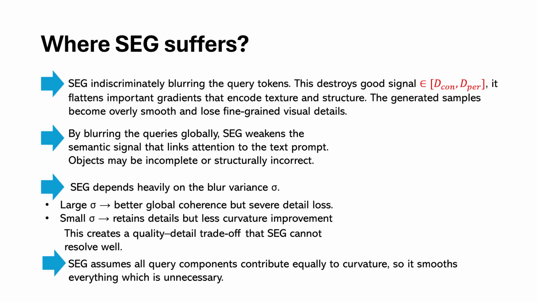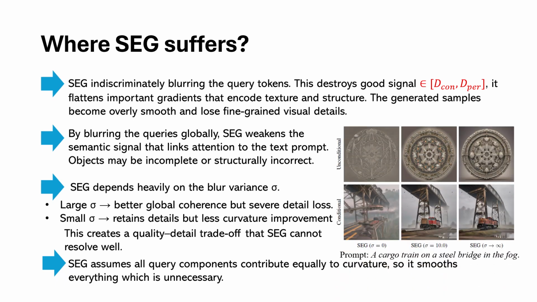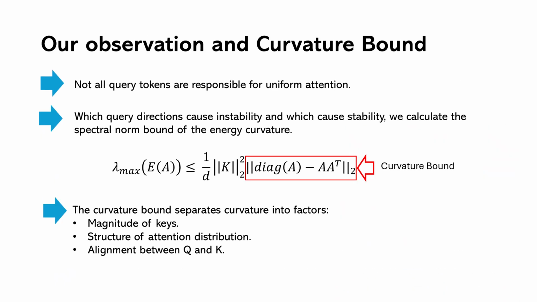The reason behind this is that SEG assumes all blurred query components contribute equally to curvature, which is not true. So our observation concerns the appropriate query directions: which query components are responsible for precise, non-uniform attention?